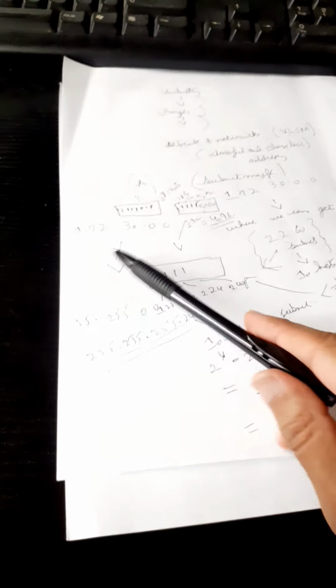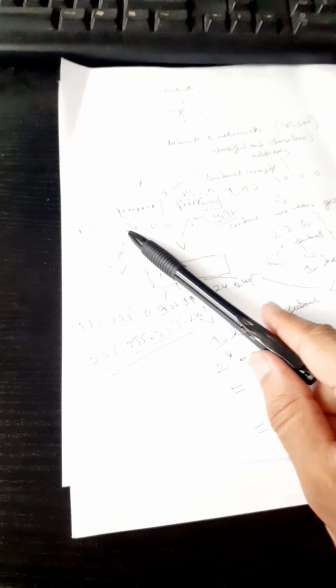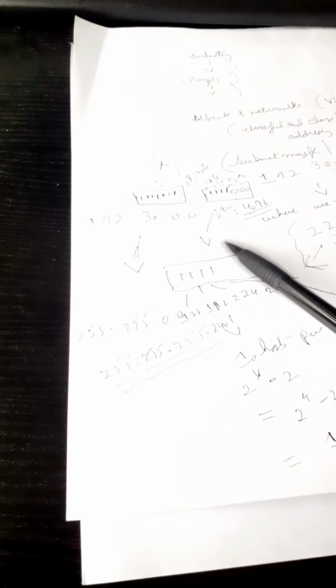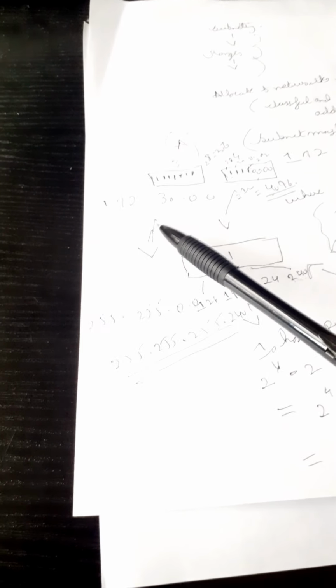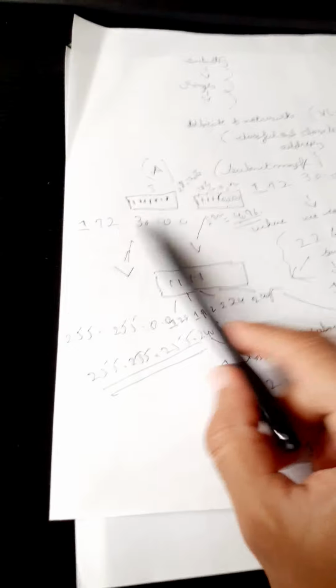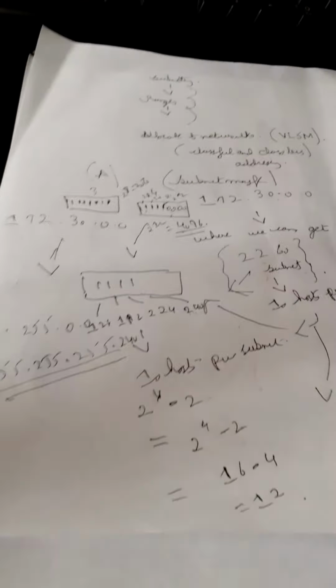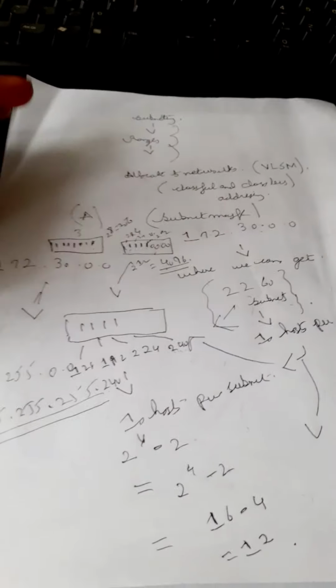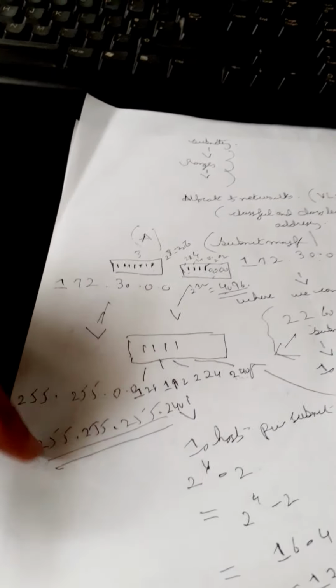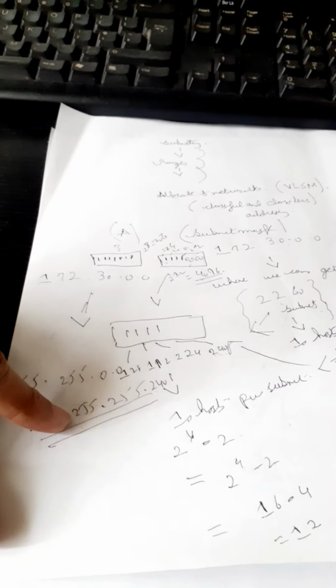Now, focus, relax, and focus. As you all know, this is a class B IP address, and this is a class C mask. So you understand me? Usually, we use class B masks with class B. But in order to see what our network requirements are, we can use a class C network mask, which is this one.